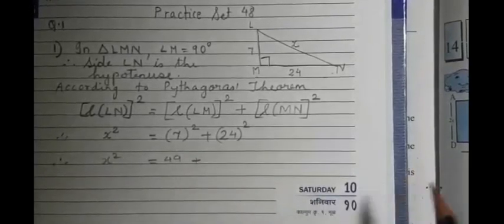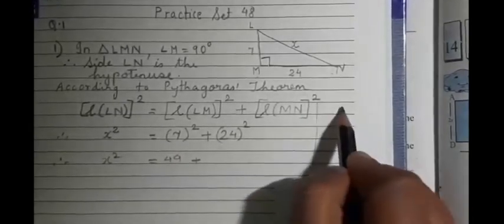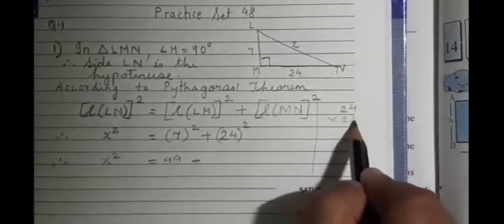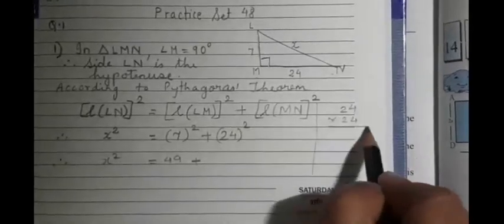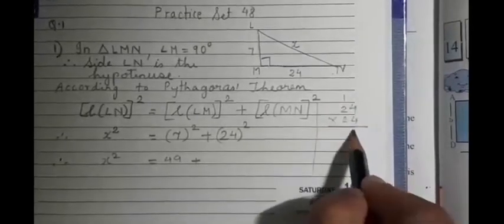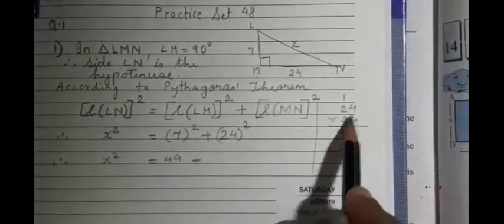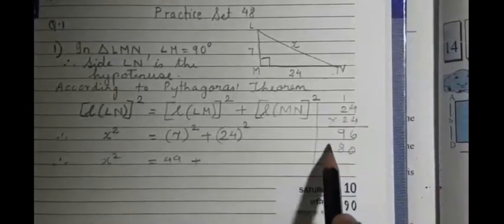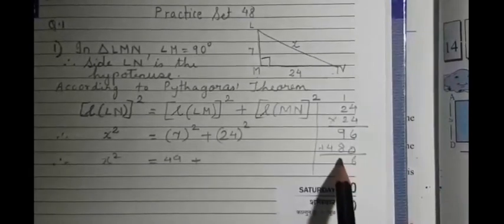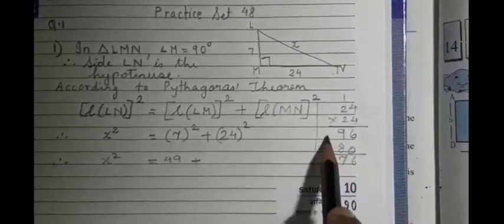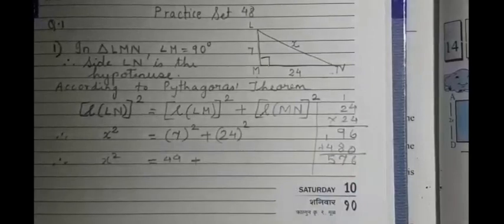Now 24 square. You will do it in your rough work, but I am showing it here. 24 into 24 is 576.